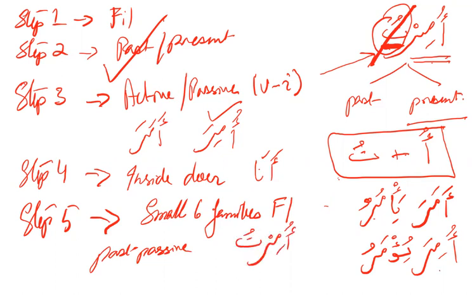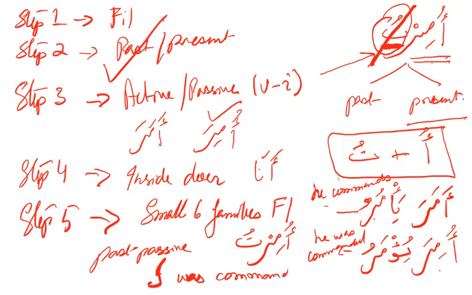Amara means he commands. So umira would mean he was commanded. Umirtu means I was commanded.